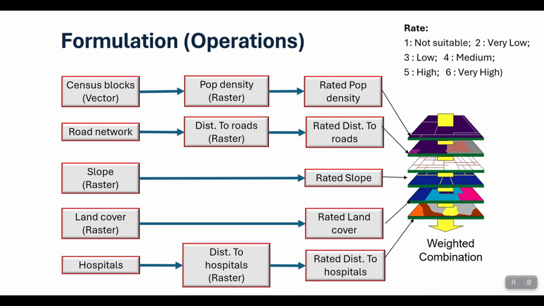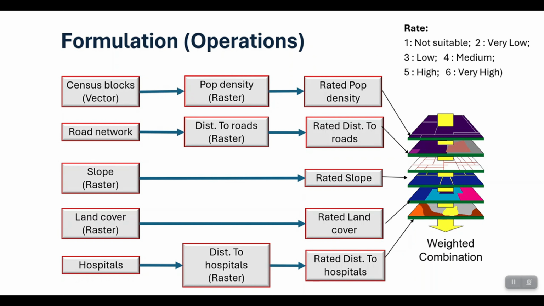Another thing is, how can we say that, for example, water is not good for building a new hospital? How can we say that flat areas are better, right? How can we say that being close to the roads is better? In order to respond to these questions, to make this unitless, and also to rate or score our criteria, we have to use the reclassify function.